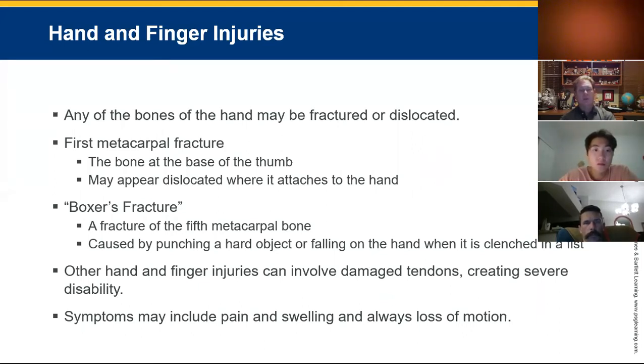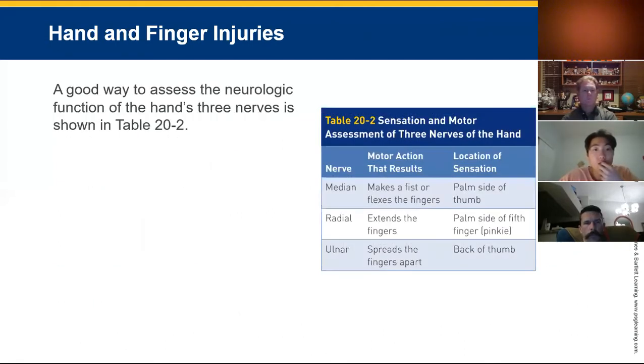Just remember, any bone of the hand may be fractured or dislocated, especially the fingers and thumbs. Again, just being able to assess the sensation and motor functions. See if they can make a fist, flex their fingers.